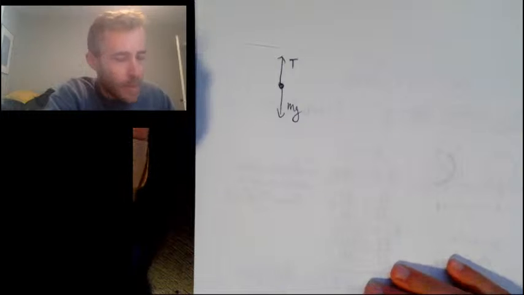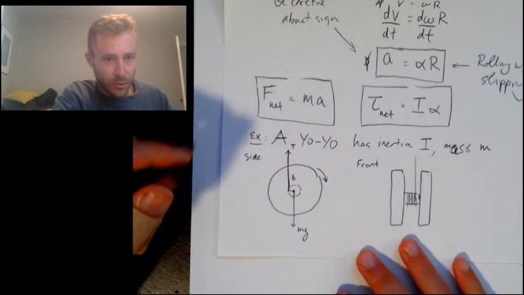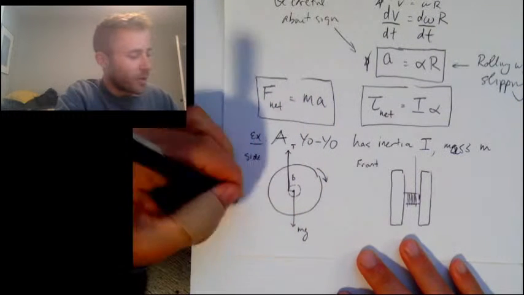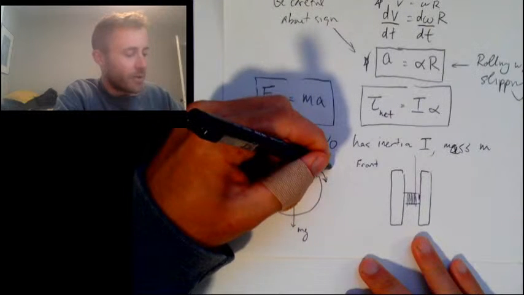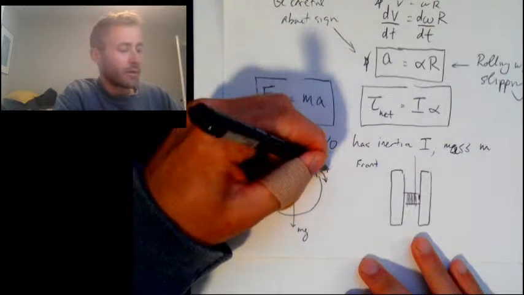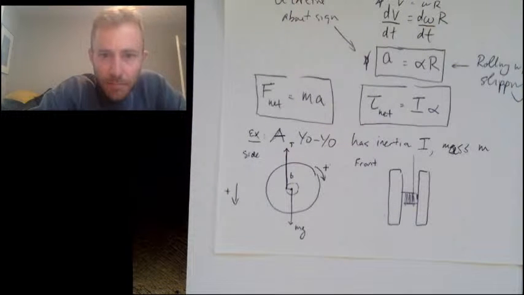Now I'm going to solve this kind of problem similar to a quasi one-dimensional system problem, where I'm going to call downward positive, and I'm going to call clockwise rotation positive. Now, why am I doing that?